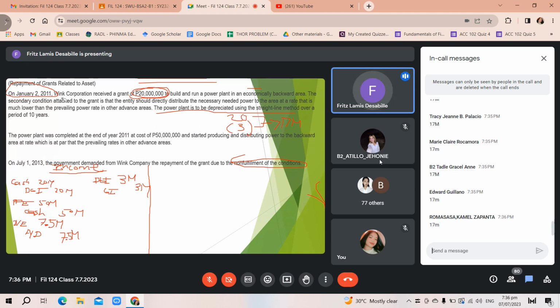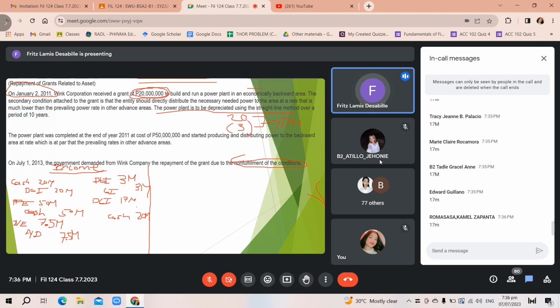Another entry would be the repayment. Since no amount was mentioned, it is assumed that the whole amount of 20 million shall be repaid. Very easy entry. We pay cash of 20 million, so there is a credit to cash of 20 million. Of course, we have to cancel out the deferred grant income, so debit deferred grant income 17 million.